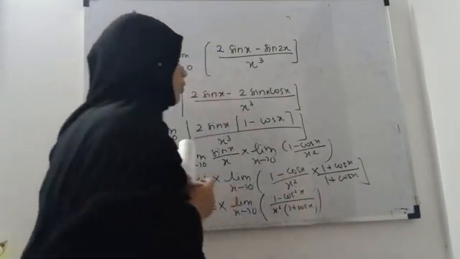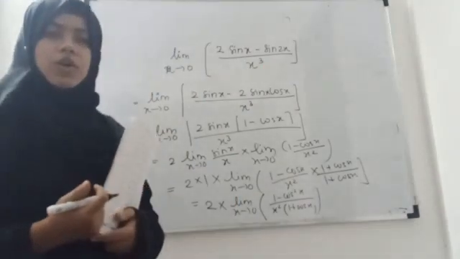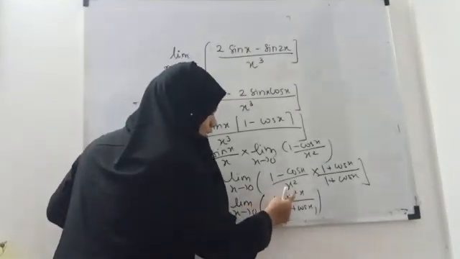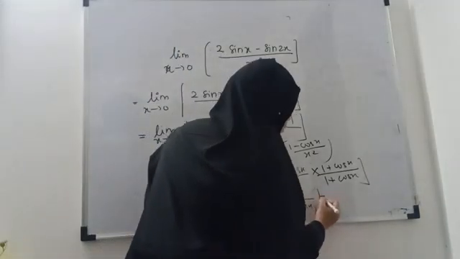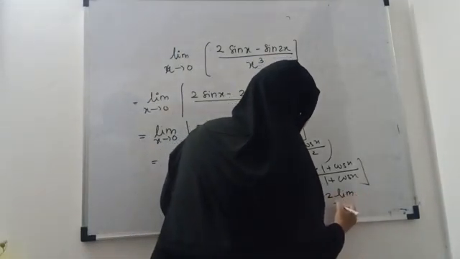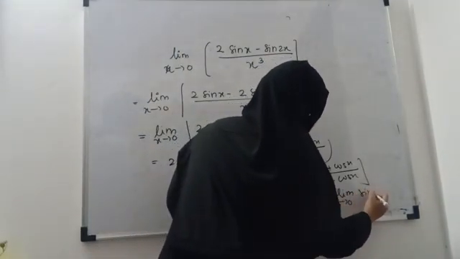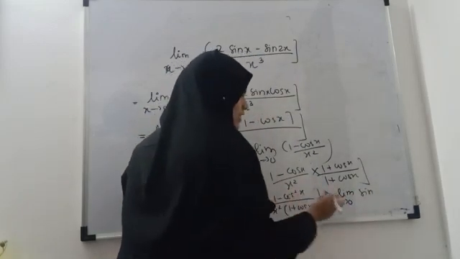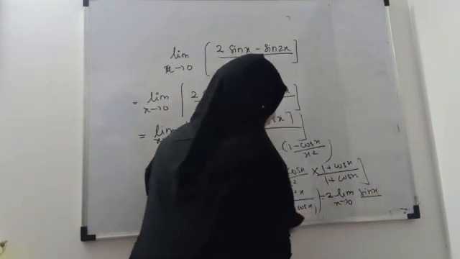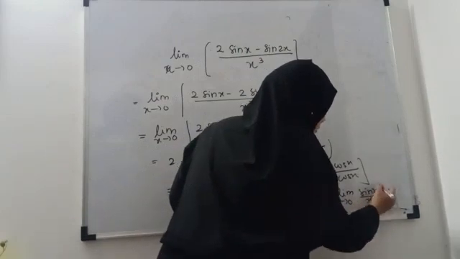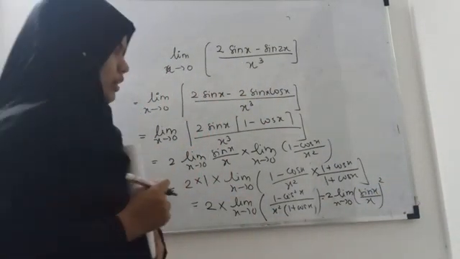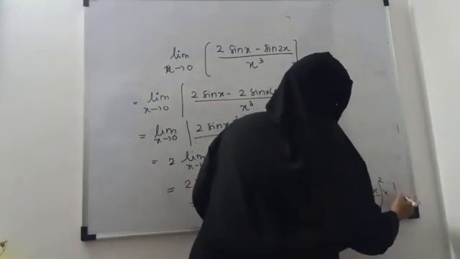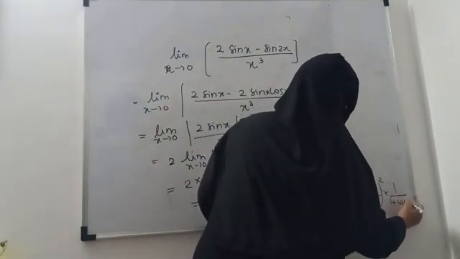Now 1 minus cos square x is what? Sin square x. Now this sin square x upon x square will give us the value equal to 1. Okay. 2 times limit x tends to 0, see, 1 minus cos square x is sin square x, and this x square, so I am writing it like this, sin x upon x the whole square, right? And this term 1 plus cos x as it is.